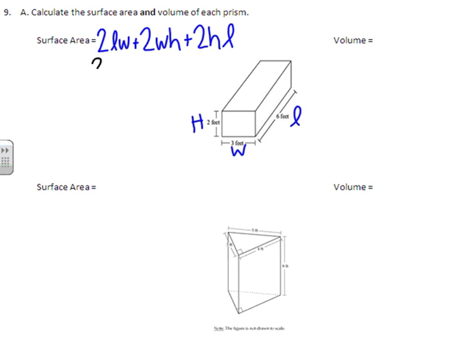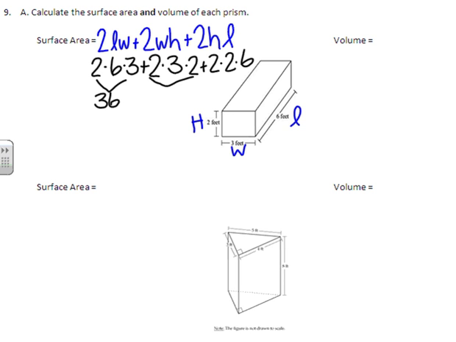All right, so we're going to do 2 times 6 times 3 plus 2 times 3 times 2 plus 2 times 2 times 6. Okay, do each piece by itself. So we've got 12 times 3 is 36. 2 times 3 is 6, times 2 is 12, and 4 times 6 is 24.